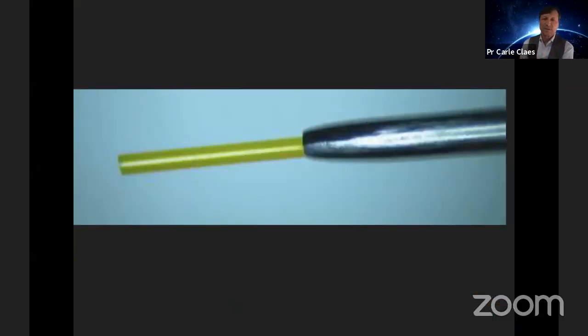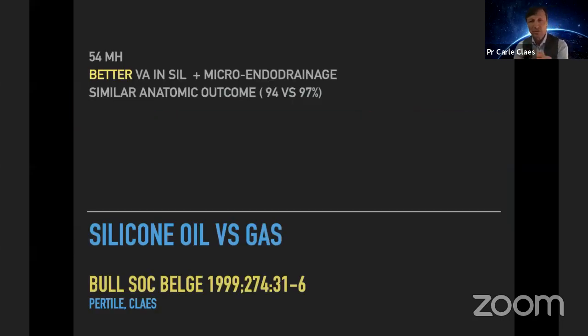This is an updated prototype which we made with the Catalyst company. And we also have the completely metal tip. It's a 34 gauge needle that can be connected to active aspiration to close the holes.